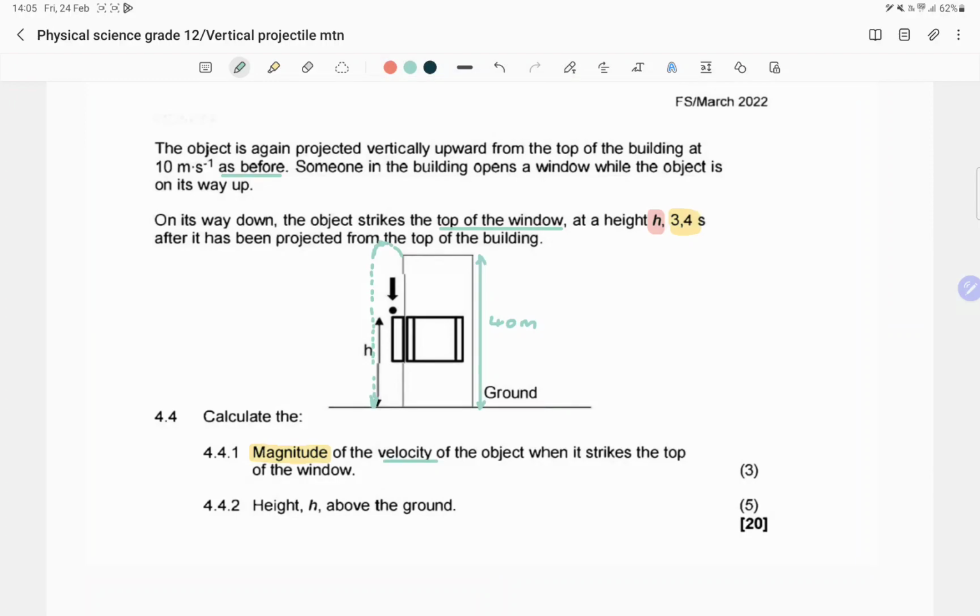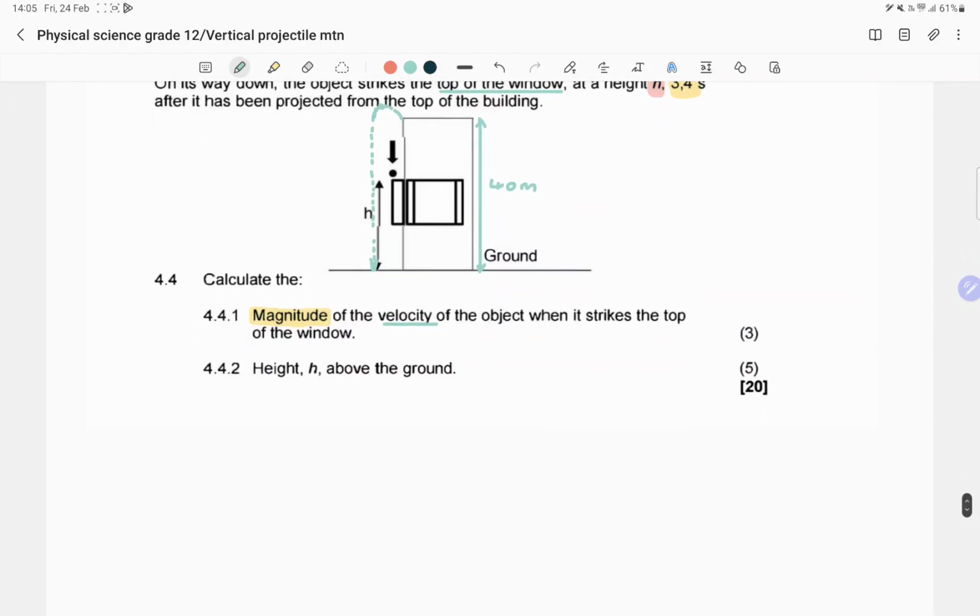Not a problem. So we know the initial velocity, it's 10 meters per second. We know the time, we don't know the height, but we can use the simplest of equations here. 4.4.1, we know that the final velocity is initial velocity plus g delta t. The initial is 10 plus into minus 9,8. The time is 3,4.